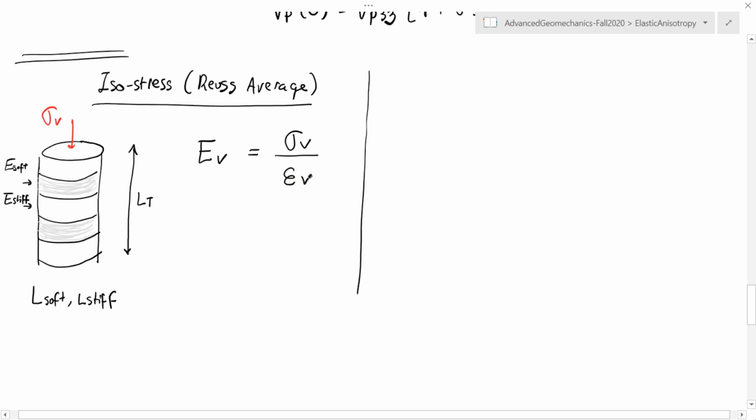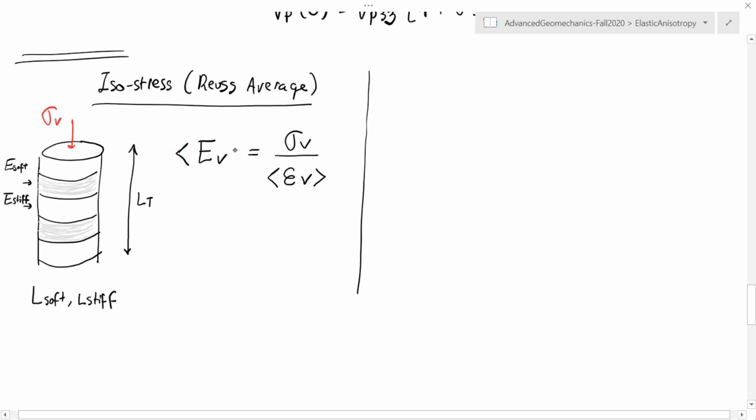But notice something very important here: the strain is a result of the summation of all the strains of these layers. And therefore, the Young modulus is also going to be the result of the composite response of the entire rock.